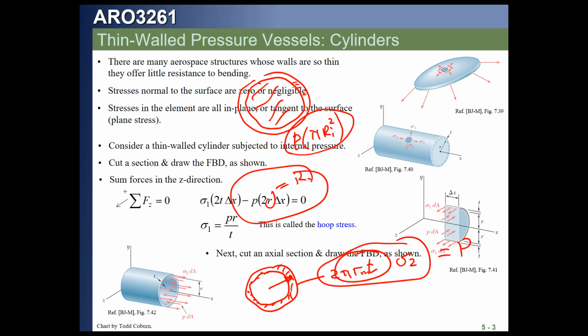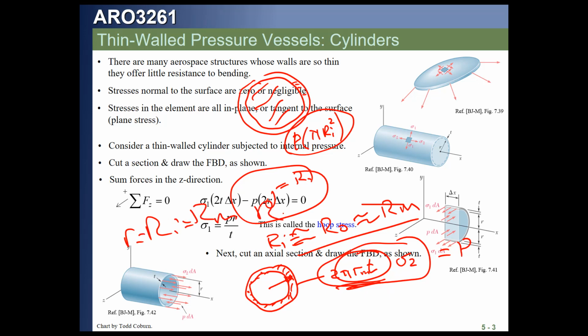Once again, we're going to use that approximation that Ri is about equal to Ro, which is about equal to Rm. That's a key thing, because we're going to write this equation and pretend that R is R is R is R. That is actually not correct, but it's close enough for government work, which ought to scare you a little bit. Got it?